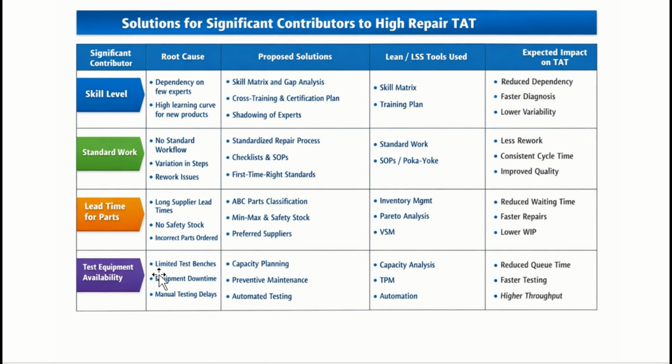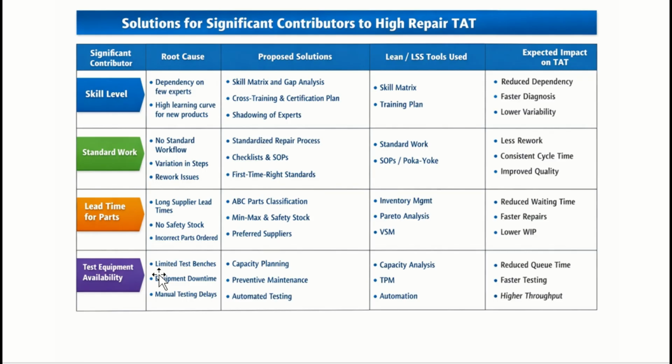For example, for skill level, the dependency on a few experts was one of the root causes, and the proposed solution was to create a skill matrix and gap analysis, and a cross training and certification plan. The second issue under skill level was the high learning curve for new products.